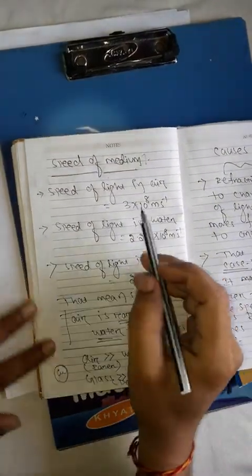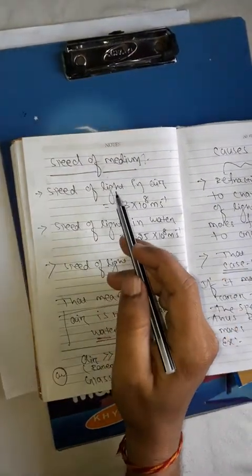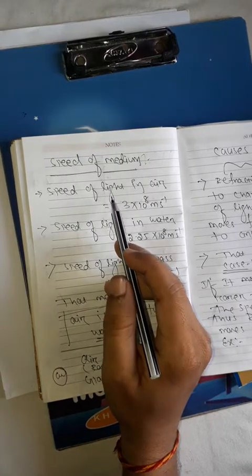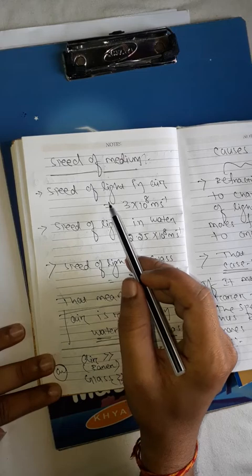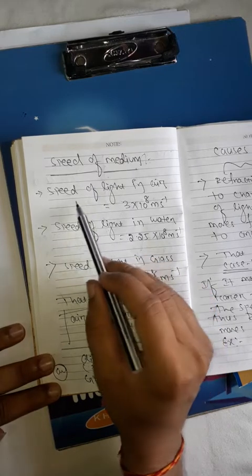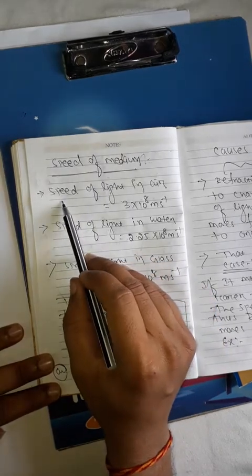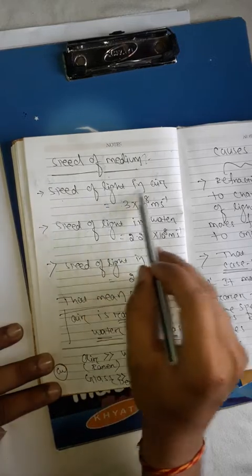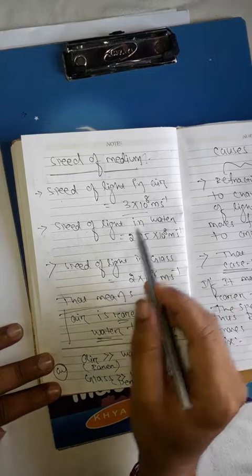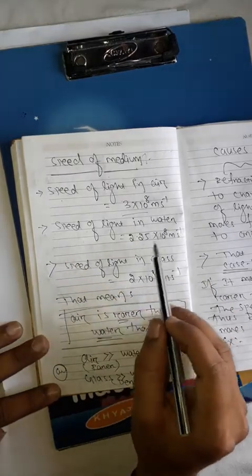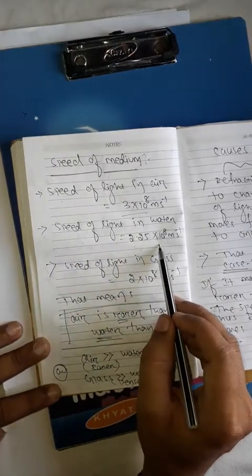Since the speed of light in the medium is one of the factors upon which refraction depends, let us see optically denser or rarer mediums. Optically rarer is air, because the speed of light in air is 3 x 10^8 meters per second. The speed of light in water is 2.25 x 10^8 meters per second.